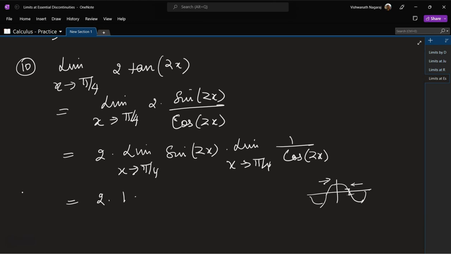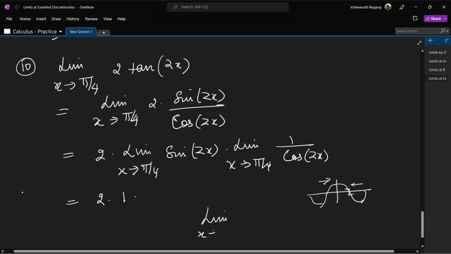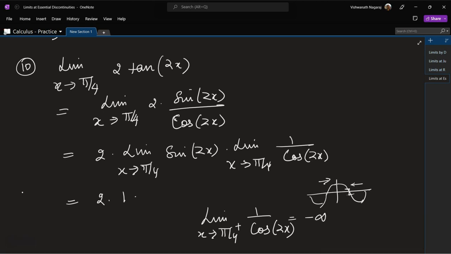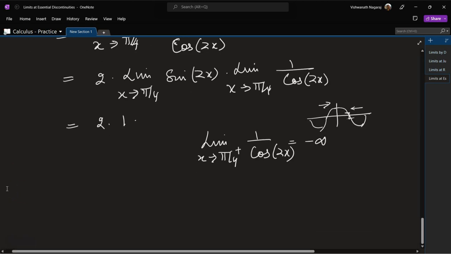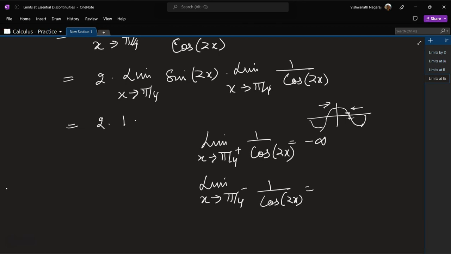Right? So which means limit as x approaches pi by 4 from the positive side of 1 by cos 2x is equal to, from the positive side, it is going to be negative. So minus infinity. Whereas limit as x approaches pi by 4 from the minus side of 1 by cos 2x is equal to, here if you notice it is positive.